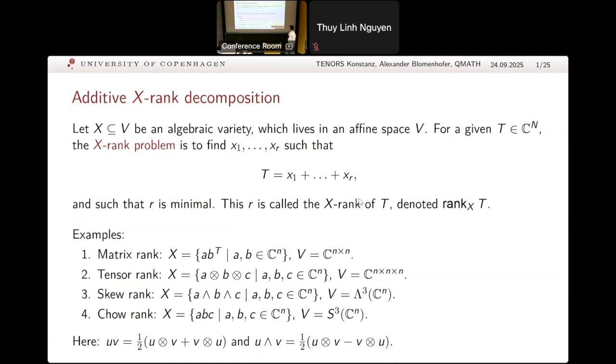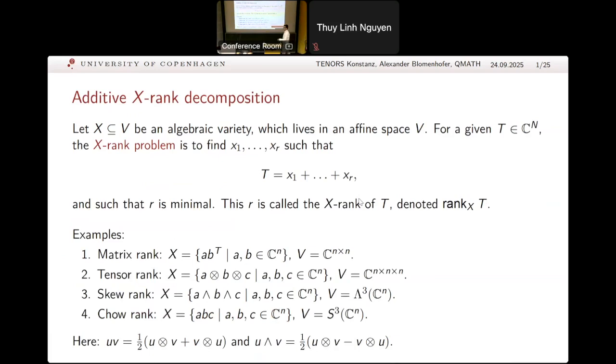So, what is an additive X-rank decomposition? We know what tensor decompositions are. We have seen them a few times. And additive X-rank decompositions are a slight bit more general. You start with basically any subvariety X of a space V. And X can basically be anything, except that if you take X maybe as a linear space, then I will judge you.